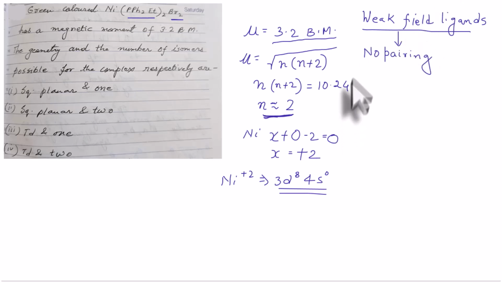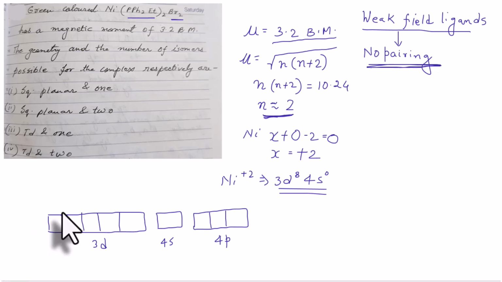And so for the d8 electrons, we know that there won't be any pairing of the inner d electrons. So now we try to write the valence electronic configuration for this complex. So we fill the 8 d electrons. The 3d orbitals are occupied singly first and then pairing occurs like this. So 5, 6, 7 and 8.